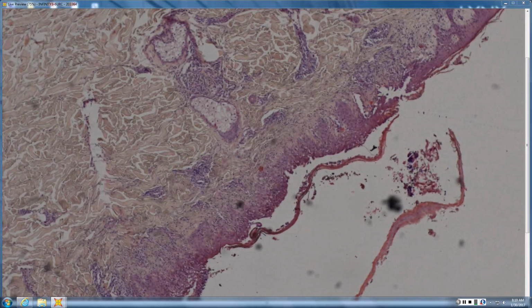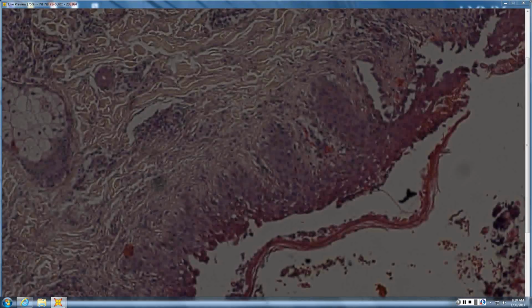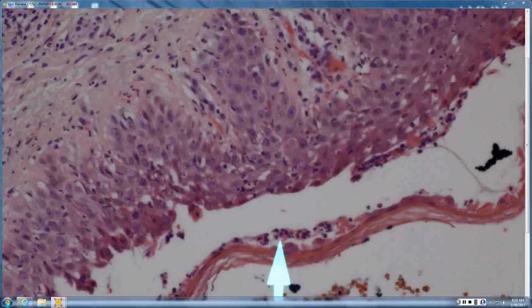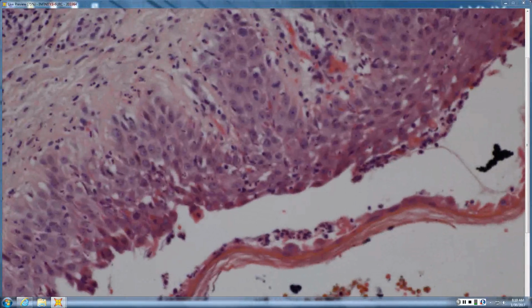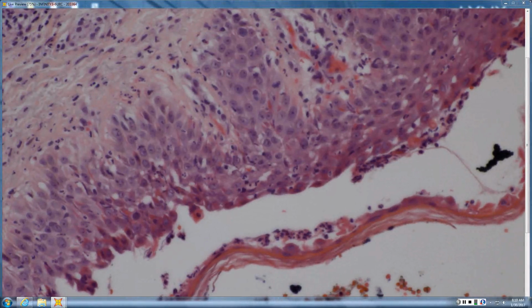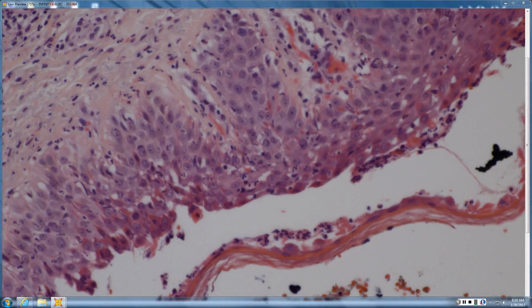Looks like we have some acantholysis with maybe a subcorneal bulla. Is there anything in the bulla? Yes, they're neutrophils. So subcorneal bulla or subcorneal pustule with acantholysis, the differential includes impetigo.